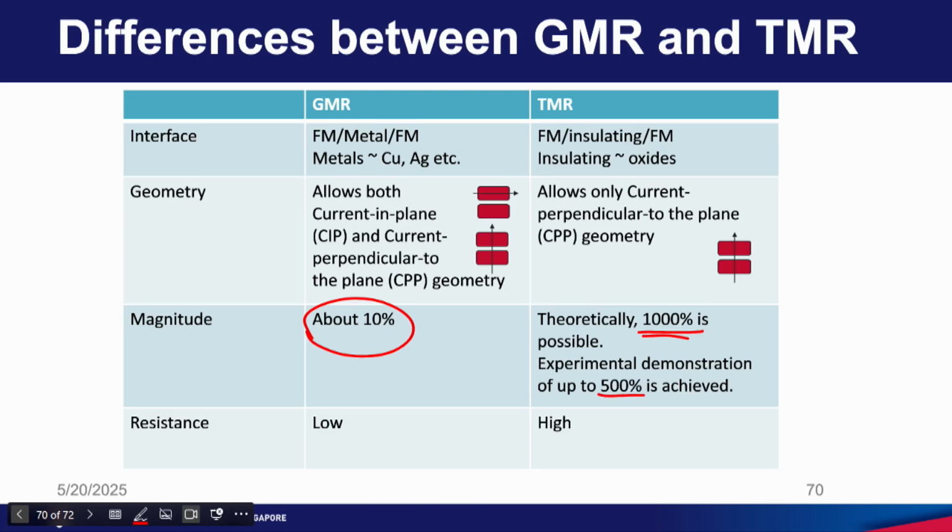In the lab people have demonstrated 500%. In the industry people can achieve 200% TMR. The resistance variation is large here, and the resistance itself is large in the case of TMR, because we are looking at current flowing through an insulator, right. So, the resistance of the TMR sensor is usually high.